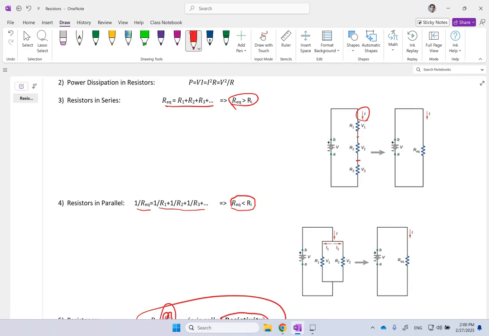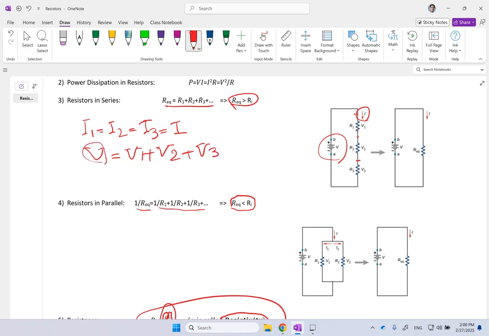So all the I's of these elements are the same. So I1 equals I2 equals I3 equals the total I. But the voltage drop across each one of them, V1, V2, V3, when you add them all, that's equal to the total voltage. That's the Kirchhoff voltage law, right? So V equals V1 plus V2 plus V3.